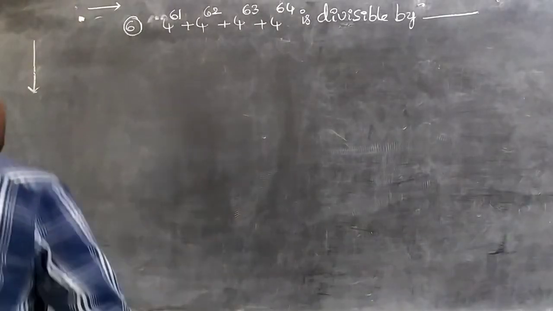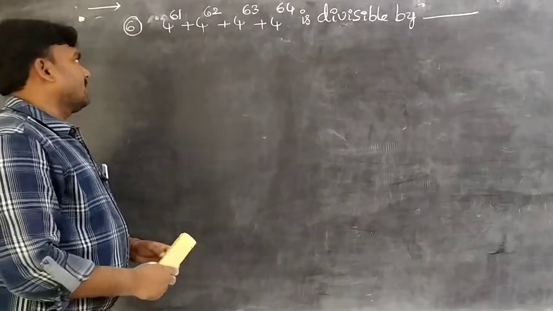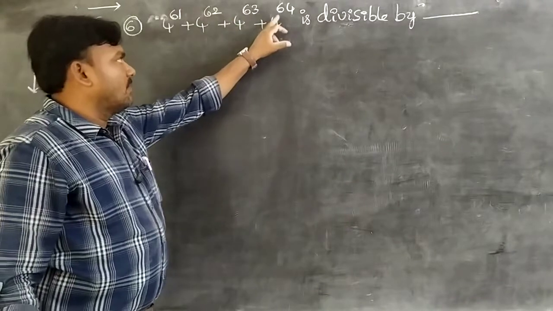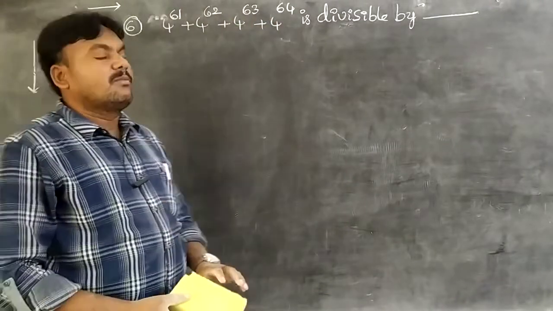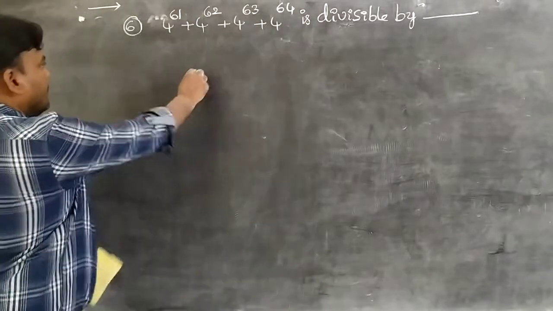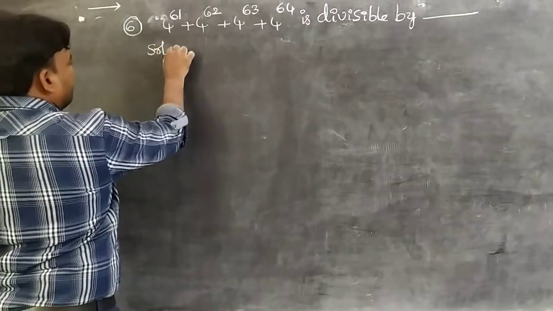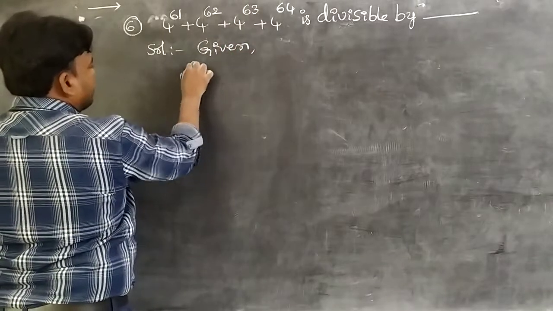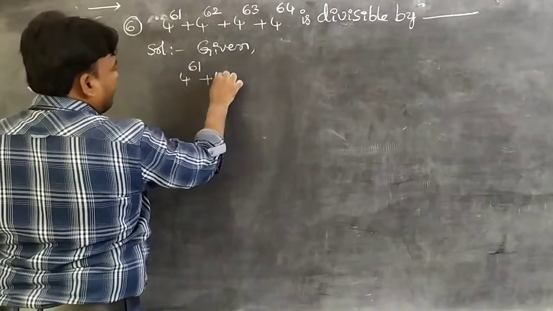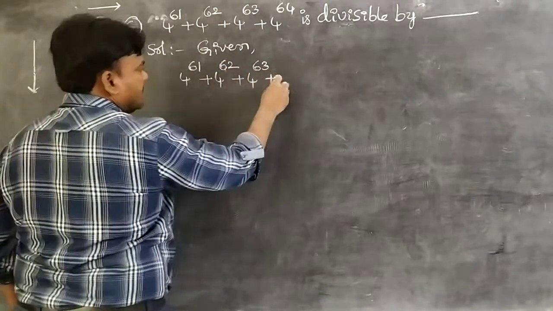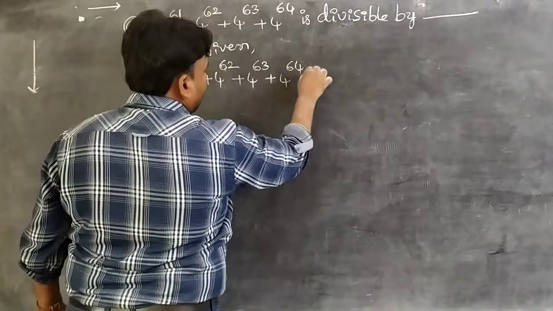Right. Next model, students, observe: 4 power 61 plus 4 power 62 plus 4 power 63 plus 4 power 64 is divisible by dash. Divisible by which numbers? So here, approaching the solution. 4 power 61 plus 4 power 62 plus 4 power 63 plus 4 power 64 equal to.